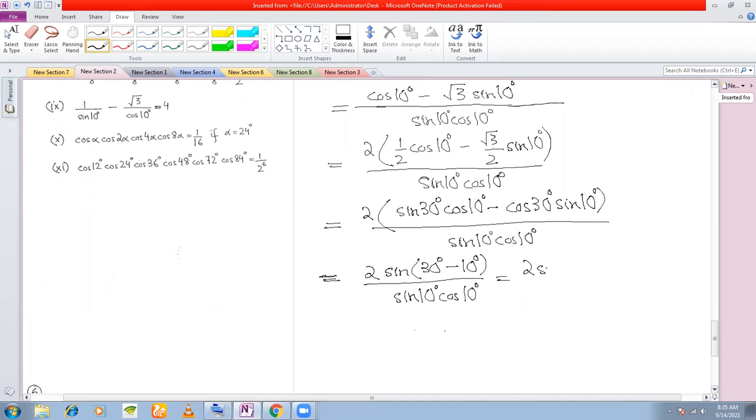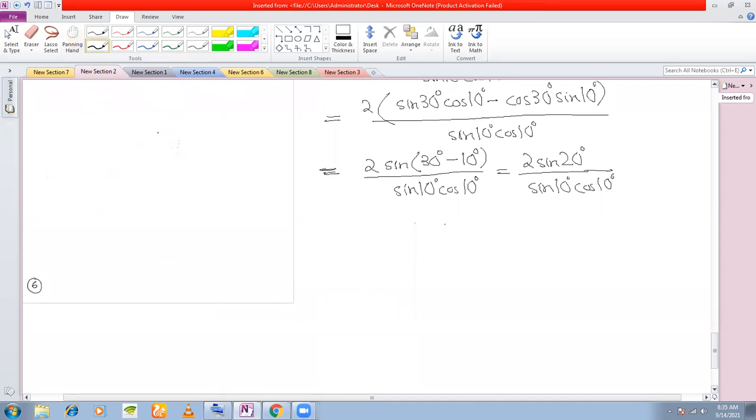So what do you get here? 2 sine 20 degree divided by sine 10 degree cos 10 degree. And now sine 20, what can you write it as? If you want to express this as a multiple of 2, you can write this as 2 into 10 degree divided by sine 10 degree cos 10 degree.